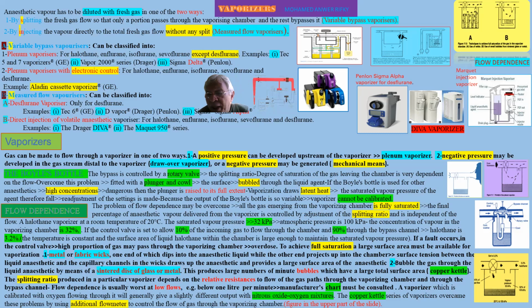As a beginning, we can see the normal vaporizer, which has an upstream and downstream with a control knob. For instance, we are using fluorane. I'm talking about fluorane, which is near to isoflurane. Both have almost similar saturated vapor pressure, so we can consider both as similar.